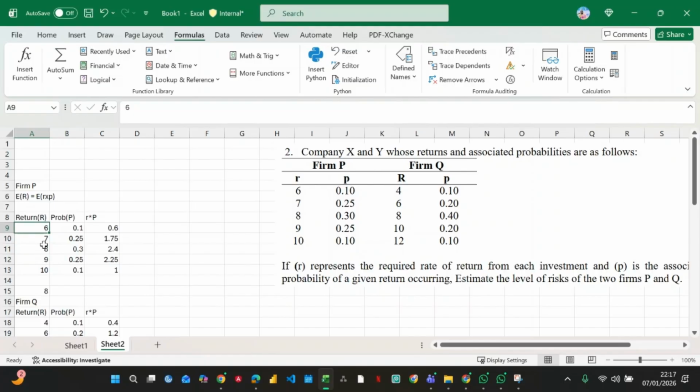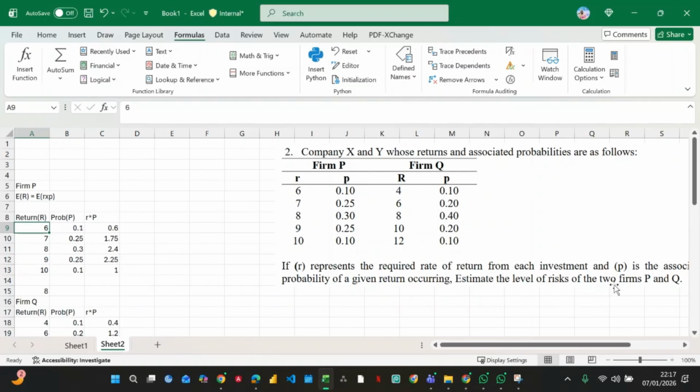But what I'm trying to do is know the risk of getting this money based on this probability. We're estimating the level of risk, the uncertainties that will occur so that I may not get this money.